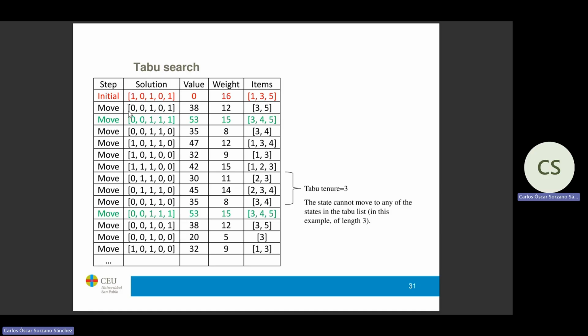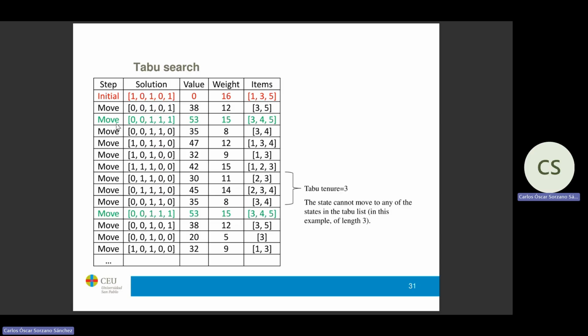One of the neighbors is this one that has a better value and this weight, and then you keep it, and then you compute a neighbor of this one, that is this one, that has this value and this weight. But you see that you don't stay here, so you keep exploring the neighbors of your current solution.